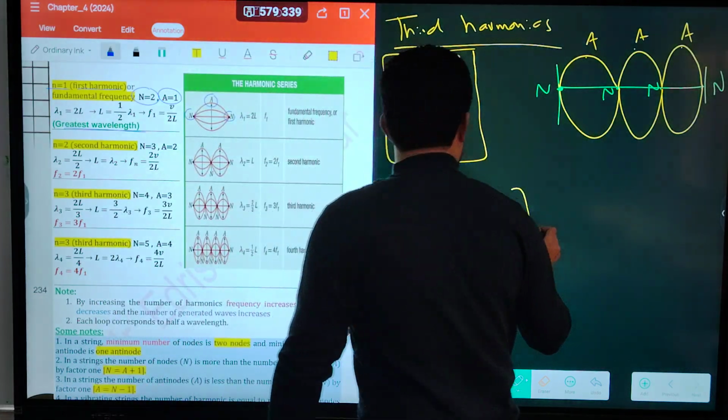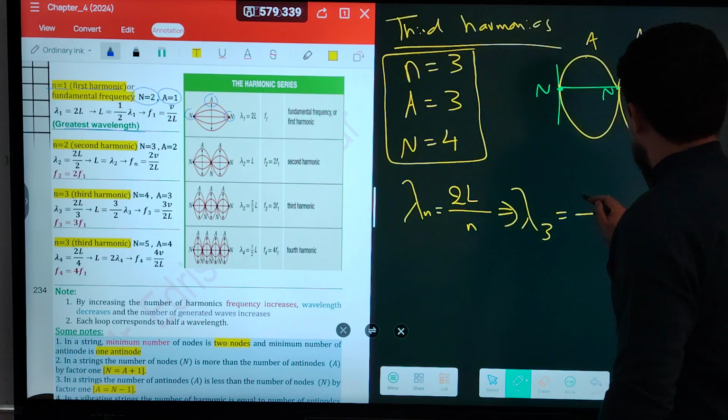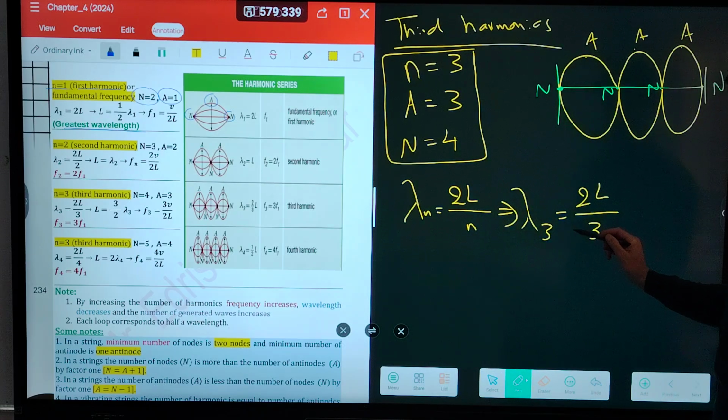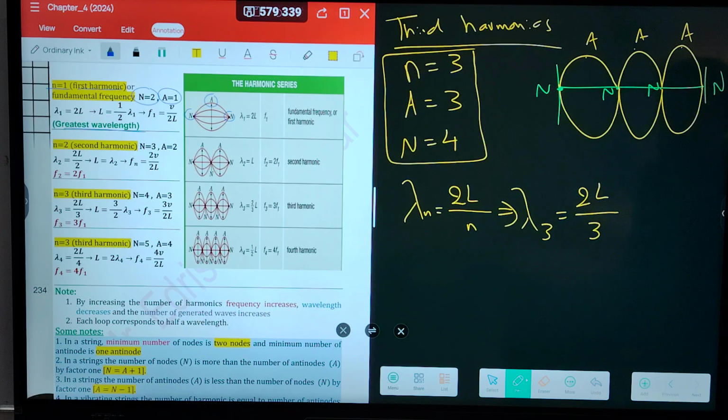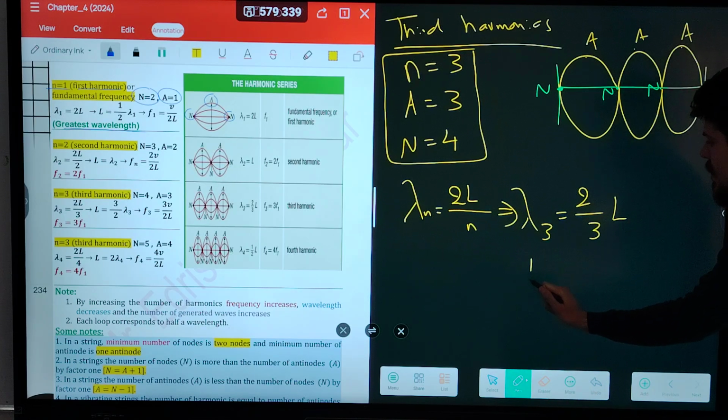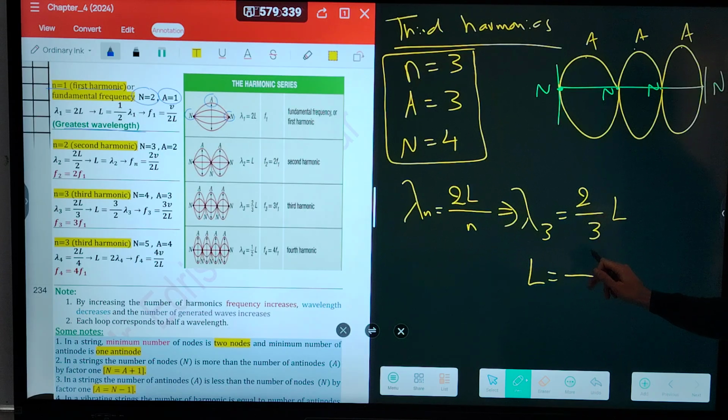Third harmonic, lambda 3, 2L over 3. So when is wavelength equal to 2/3 of L? So can you write this? Yes, like this, guys. 2 over 3 L. So what about L? Rearrange. You have to flip this. 3 over 2 wavelength. Okay.